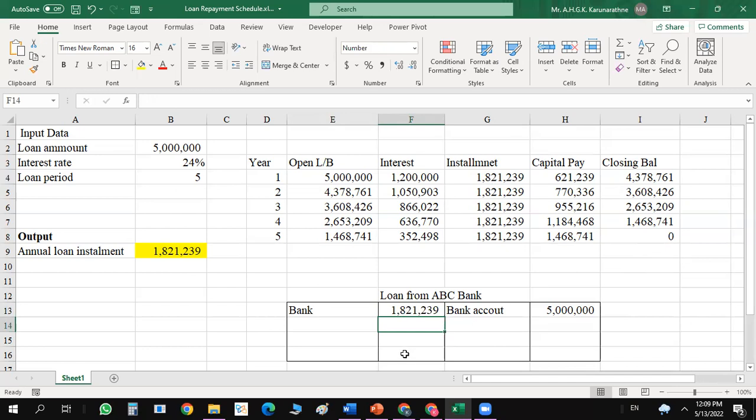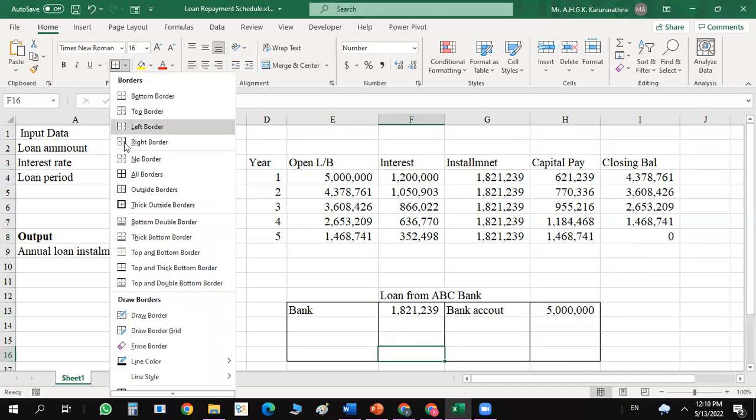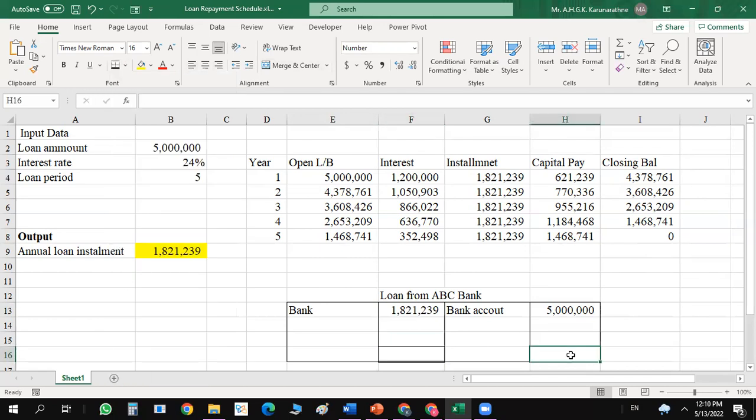Then what happens? For the first year, you need to recognize your interest expense.